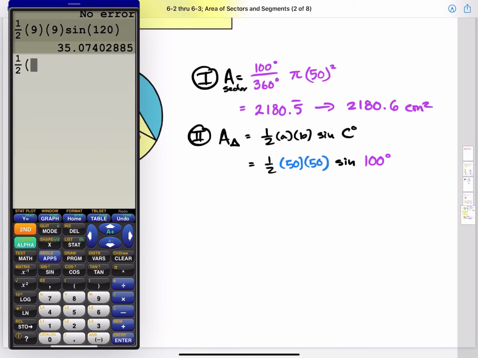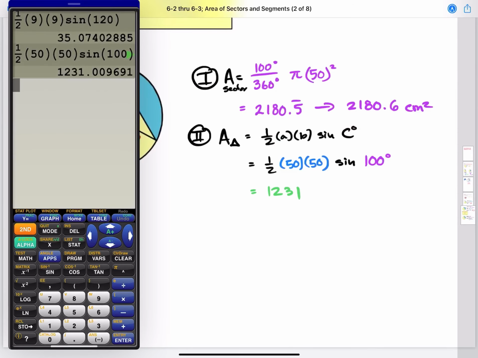And again, you could do 50 squared, or you could do 50 times 50. And then we have our sine, and then we have 100 degrees. So I go ahead and enter that, and we get about 1,231. So if we round it, it's going to be approximately 1,231.